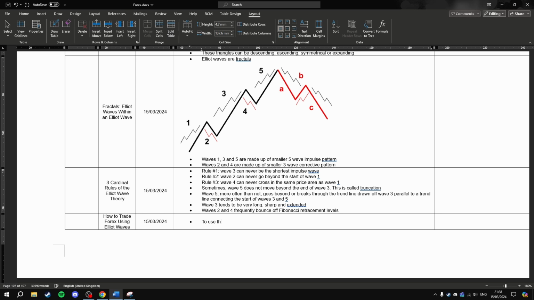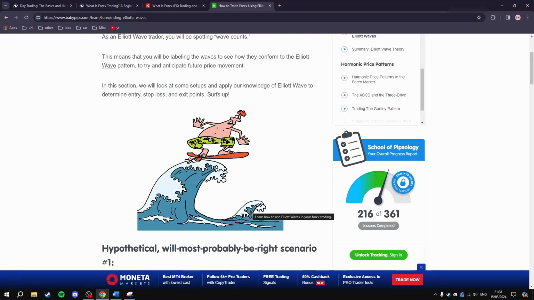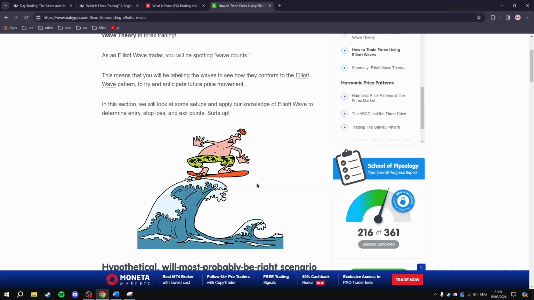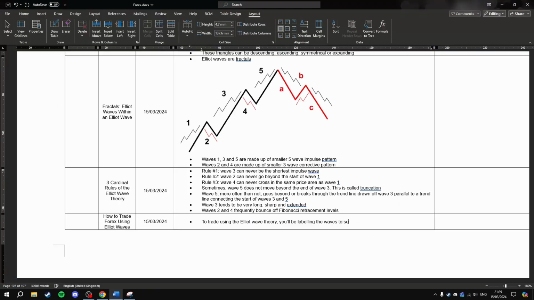To trade using the Elliott wave theory, you'll be labeling the waves to see how they conform to the Elliott wave pattern.